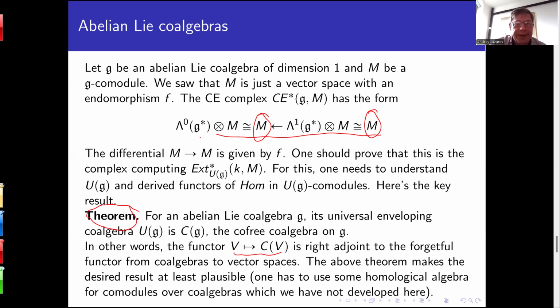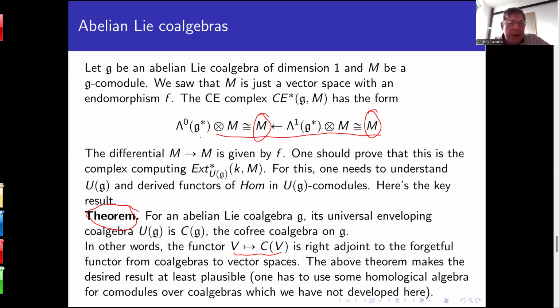So this theorem makes the desired result at least plausible, because one could think that comodules over a co-free coalgebra are somewhat manageable, and that turns out to be the case.